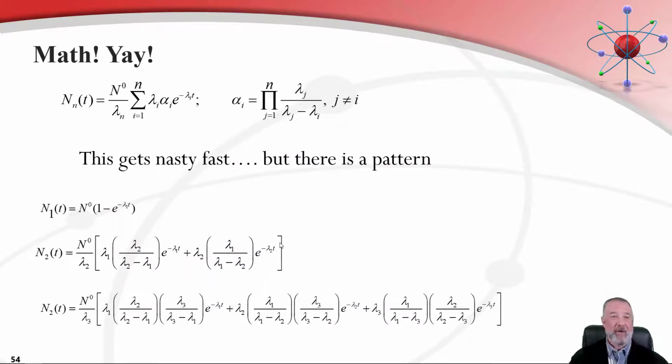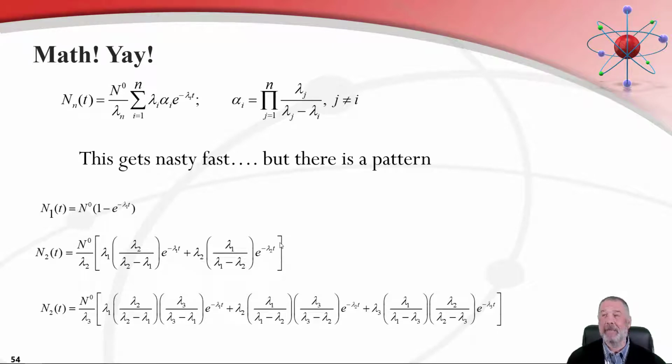Okay, I know a lot of you are going to be extremely pleased to see math, and especially math that looks pretty complicated. But it really isn't that complicated. It just kind of looks that way. If you understand the rules, it actually follows a pretty logical pattern. So what you're seeing here is something called a decay chain or a production chain.